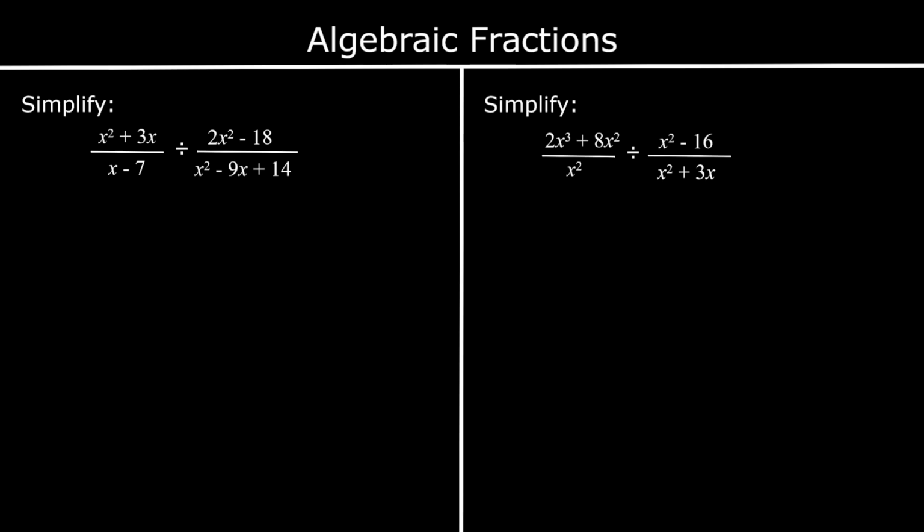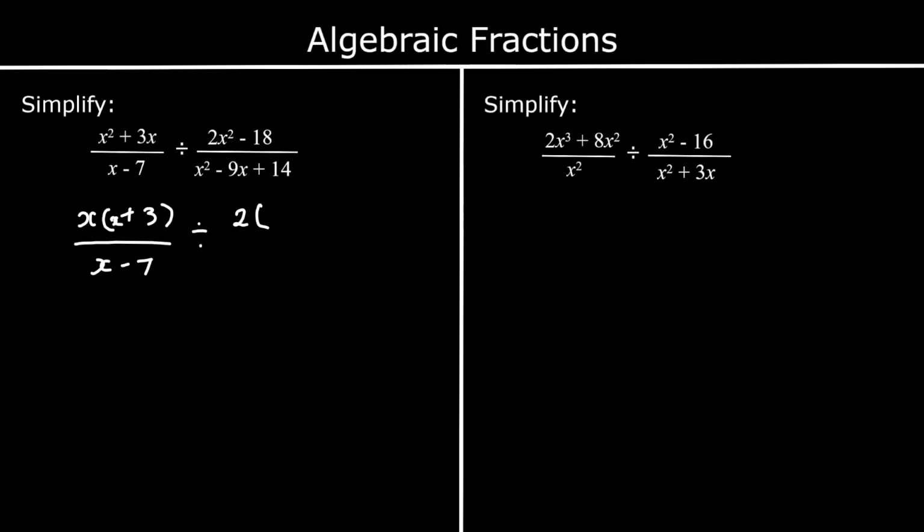We're going to also factorize what we can, so we can see what's common to the top and the bottom and simplify them. So let's factorize first. So x squared plus 3x is x times x plus 3. That's over x minus 7. We've got 2x squared minus 18.